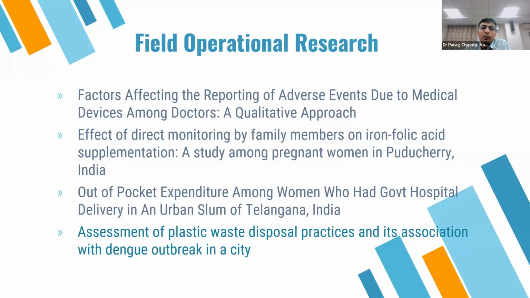We say that among pregnant women, it is 6 months, one tablet per day they should be taking. But if they are not taking, what strategies work? One of the strategies that the students thought of is, can we teach the family members and give them some kind of action-oriented material? Probably, can we give them some kind of mobile reminders or some kind of a diary? So direct monitoring by family members, can it increase the patients actually taking the medication?